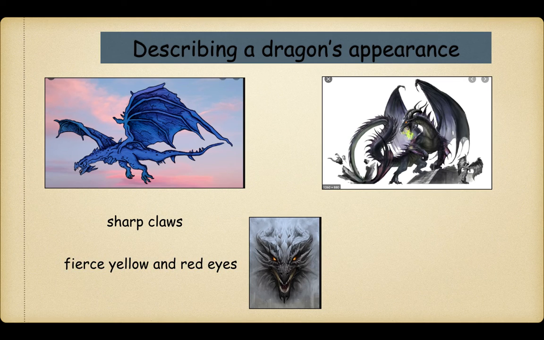This dragon has fierce yellow and red eyes. So they're good adjectives. Fierce and yellow and red are adjectives because they describe the noun. And finally, grey scaly skin describes what the grey dragon looks like.